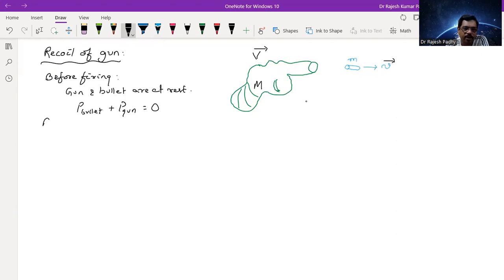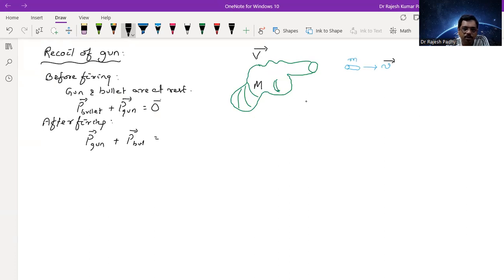Hence, after firing, what will happen? The momentum of gun plus momentum of bullet, we have to calculate. Momentum of gun and momentum of bullet. Now, if I'm writing 0, it is a null vector, remember.